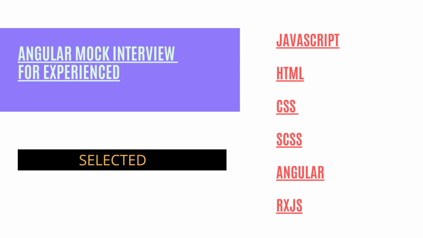Any preprocessors do you know of CSS? Which Angular version are you working on? 12. So when you create a component, what type of files does it create? A test file, an HTML file, a TS file and a CSS file.